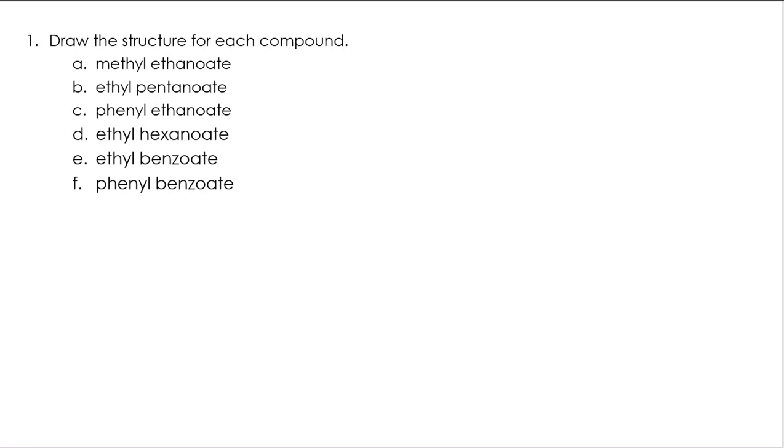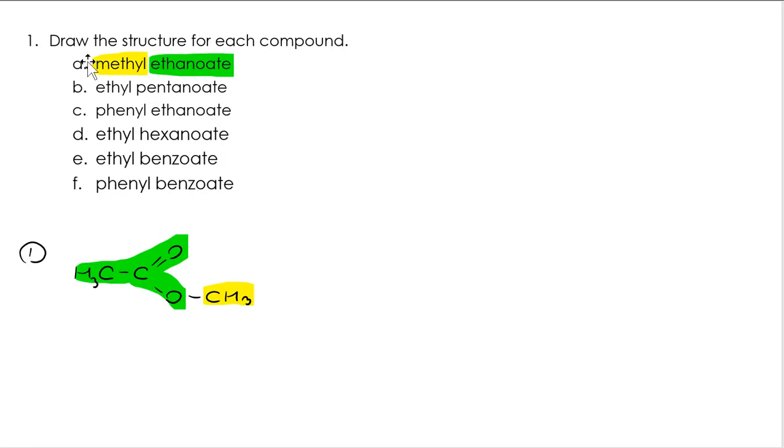Now let's have a go at drawing some, see what you can do with these. So for A, I've got my methyl group coming here to the right of the single bond O, and my ethanoate ion that I've highlighted in green.